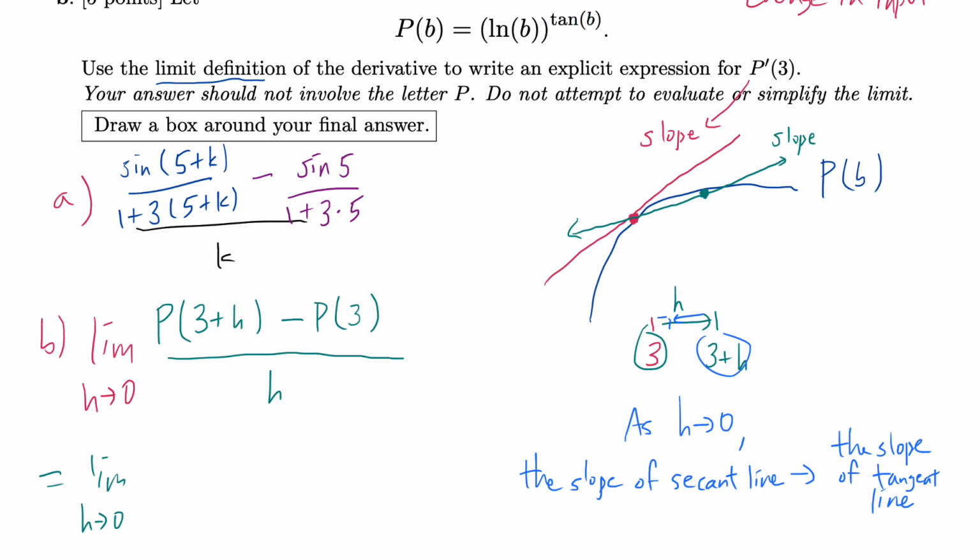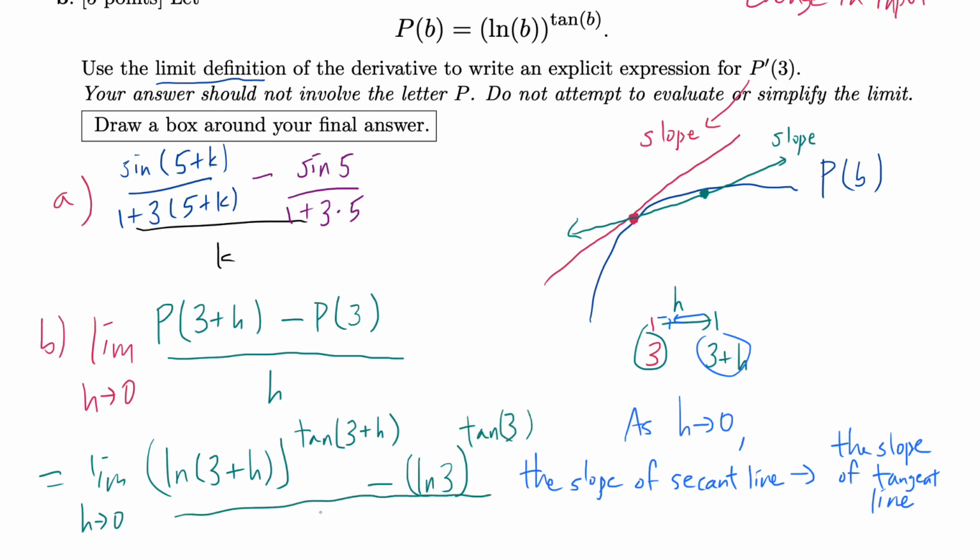We have natural log of the quantity 3 plus h, and this entire thing is raised to tangent of 3 plus h. Then I subtract what I get when I plug in 3: natural log of 3 raised to tangent of 3. And I'm dividing this entire thing by h. So this is the answer we want.